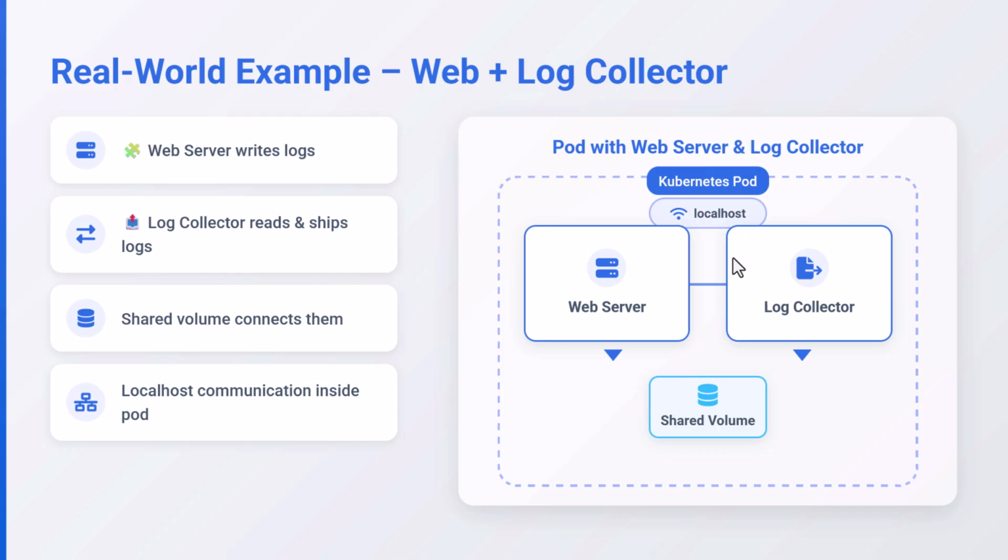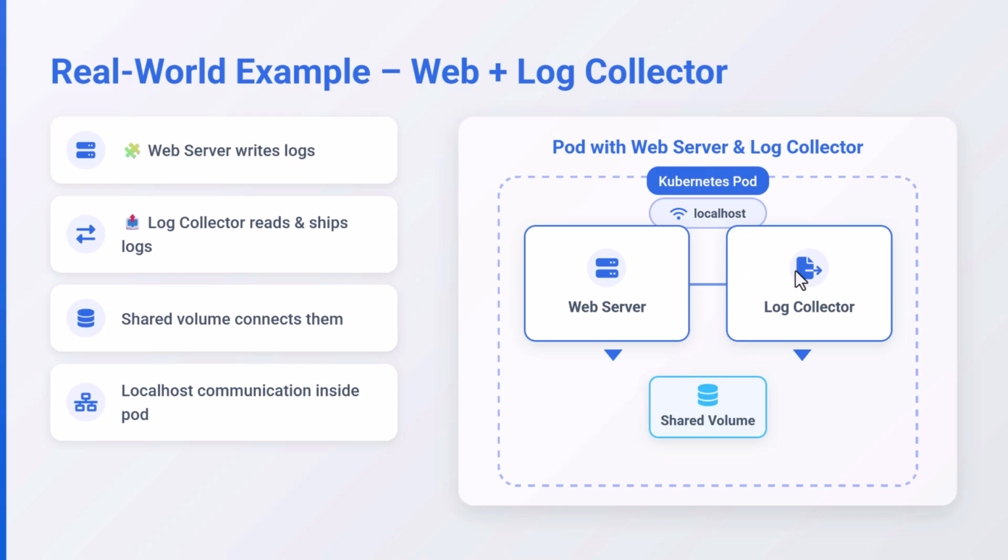Imagine you have a web server that writes logs, things like user activity, errors, or requests. Now, instead of having a completely separate service to collect those logs, you can add a log collector container in the same pod. Here is how it works. The web server container keeps writing logs to a file or a directory.